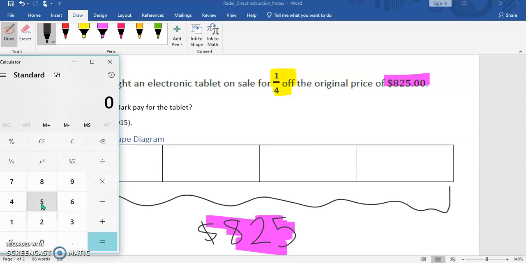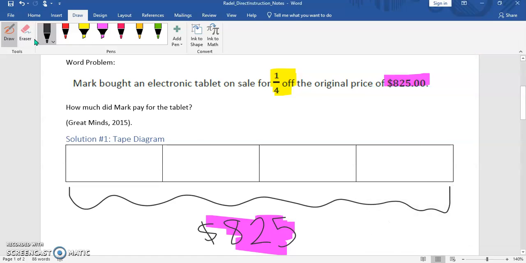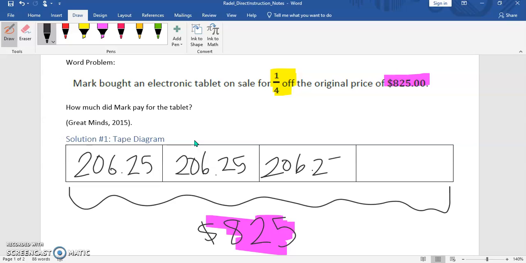So let me take out my calculator. 825 divided by 4 is $206.25. So I know that in each of my 4 parts, I'm going to put $206.25. So I will go ahead and fill those in. I don't want to forget my units, so let me throw on some dollar signs here.